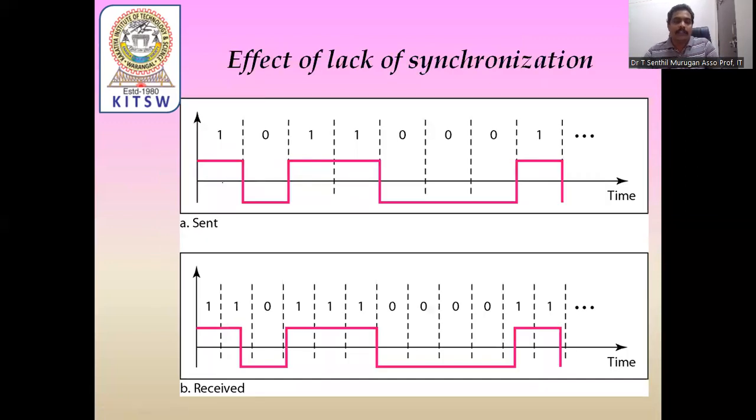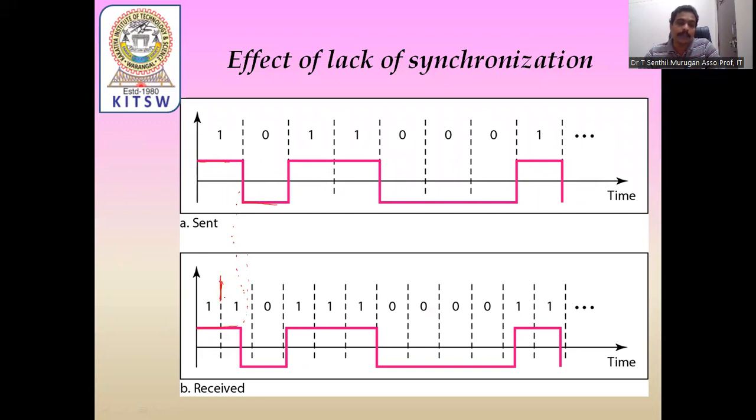For example, see here, it is sending data. For 1 it is sending like this, for 0 it is sending like this. In case the signals cross and the clocks are not synchronized, up to this point it is fine, but the clock is not synchronized here.